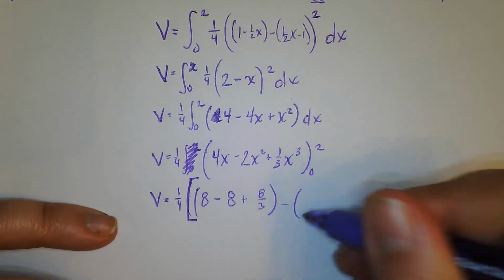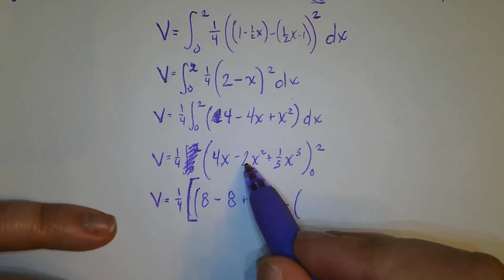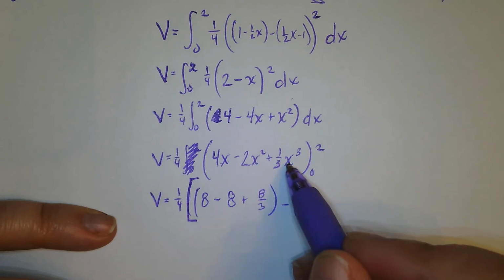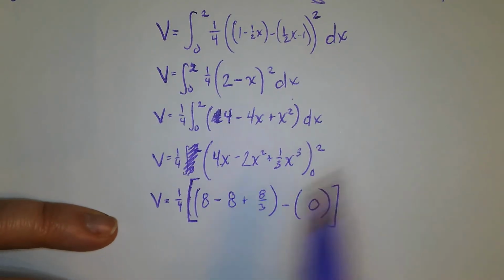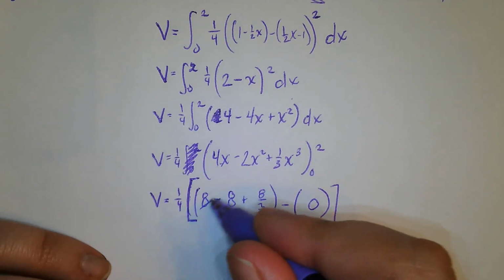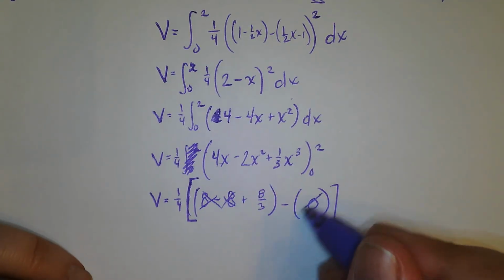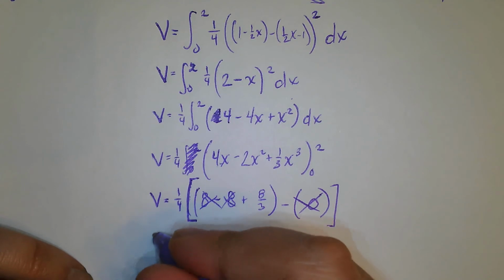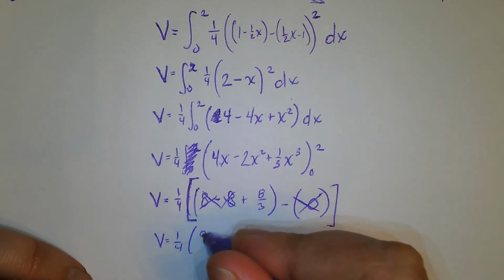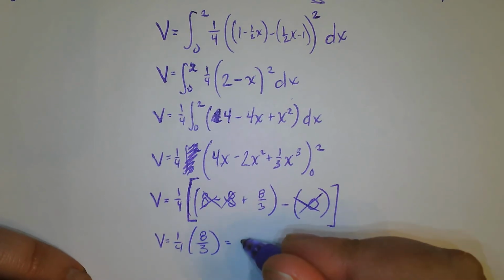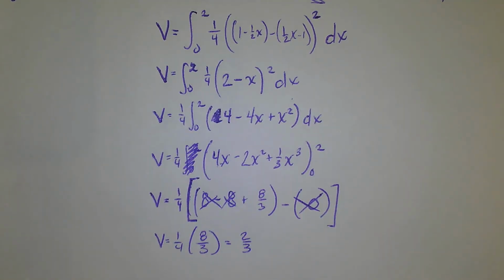Minus, let's plug in 0. 4 times 0 is 0, negative 2 times 0 squared is 0, 1/3 times 0 cubed is 0. This whole thing is 0. So 8 minus 8 cancels, and we're left with 8/3. So 1/4 times 8/3, this whole volume works out to be 2/3.